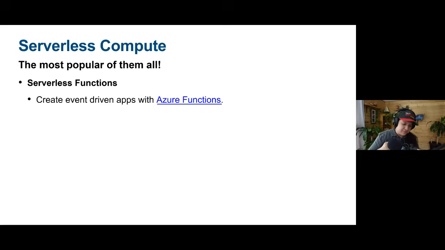Say you want to build something that will respond to a file being uploaded, you could use a blob trigger; a change in a database, you could use a Cosmos DB trigger; a message in a queue, you could use a queue trigger. There are actually a couple of different triggers that we can use to mix and match, to build out these pieces of code that will execute when they're called, right? So we can use Azure Functions for this, event-driven apps with Azure Functions.